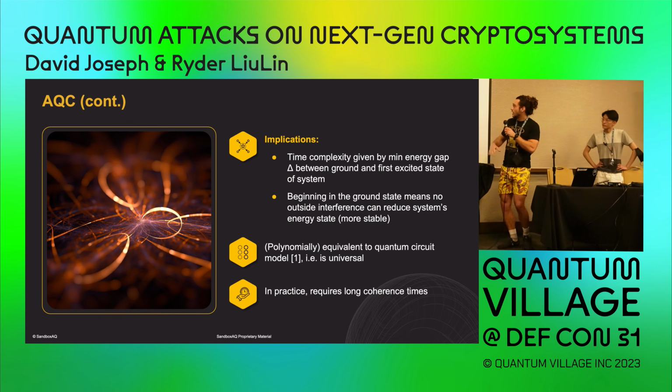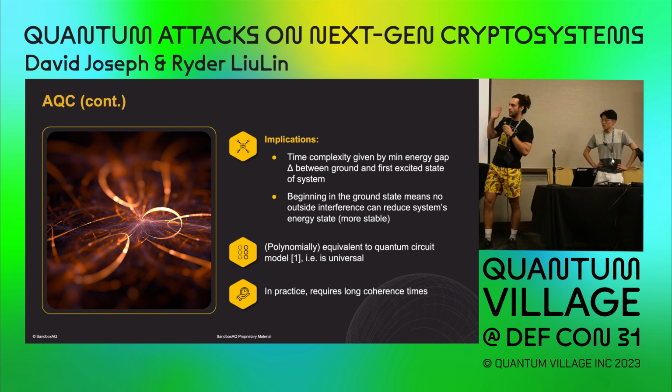So the implications are, one, we've got this time complexity gap given by the minimum energy difference. That's a problem. We begin in the ground state, and if we evolve it slowly enough, no jumping. If we evolve it a little bit too quickly, so not adiabatic, then we get a little bit of energy jumping, and that means at the end we'll get a bit of a Gibbs distribution.